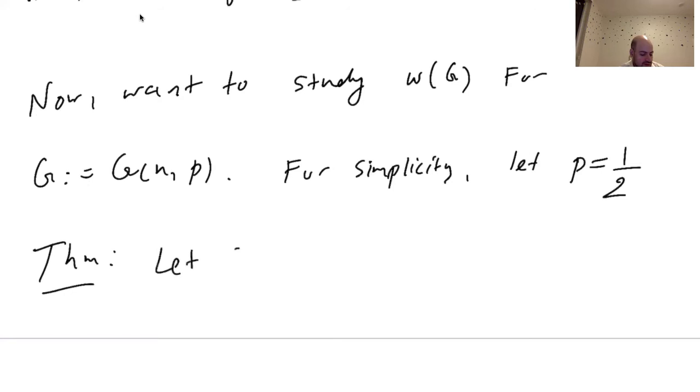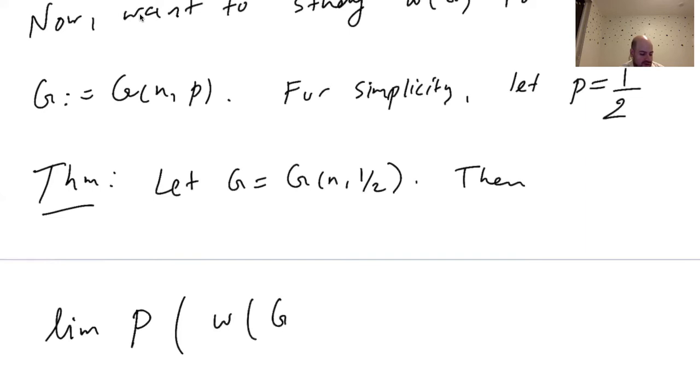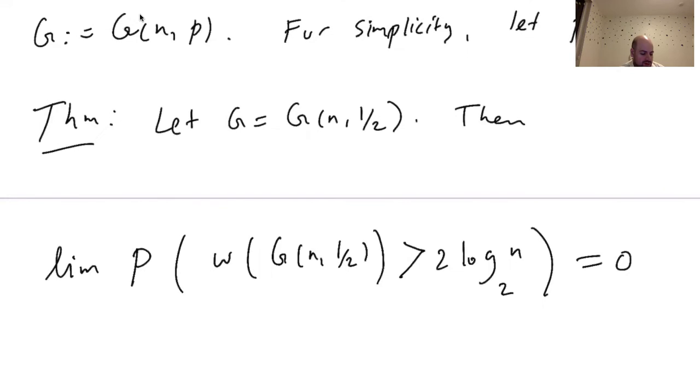Let G go to G(n, 1/2). Then the limit of the probability that omega of G(n, 1/2) is bigger than 2 log n in base 2 is equal to 0 as n goes to infinity.